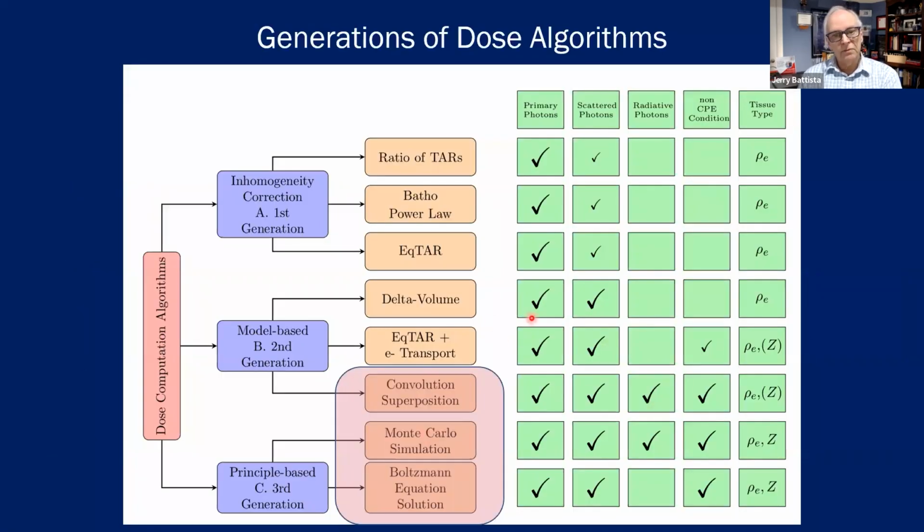So here are the algorithms that were developed over 50 years. The first are first generation methods, a ratio of tissue air ratios, Batho method, both of which, by the way, are Canadian inventions, equivalent TAR also. And then second generations started to take the electrons into account. So now there was consideration of disequilibrium conditions and some consideration of electron density, but not much consideration of atomic number.